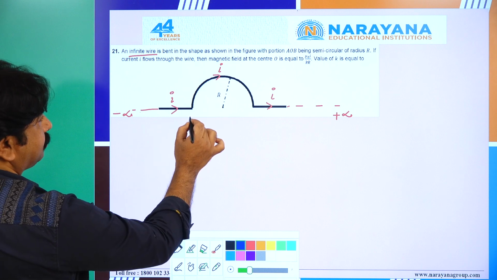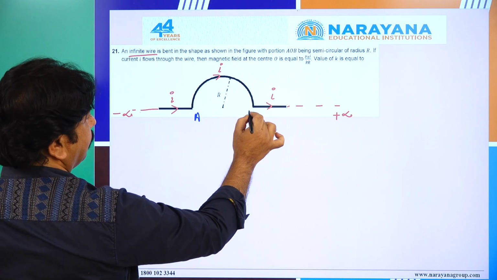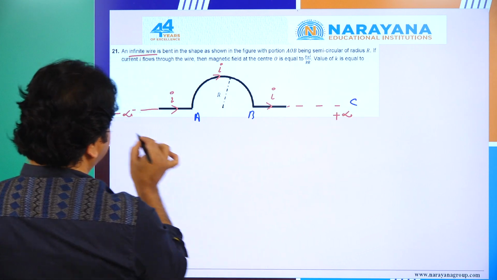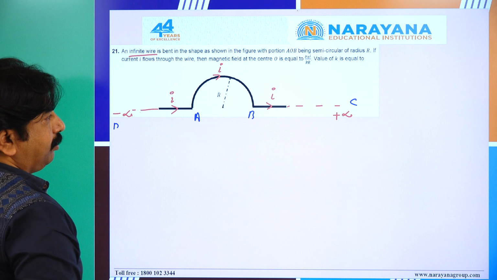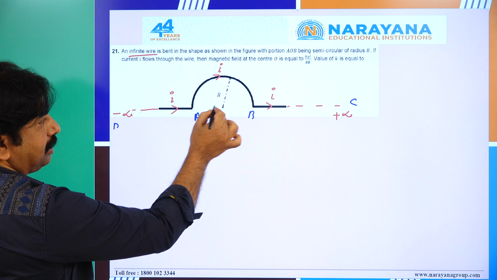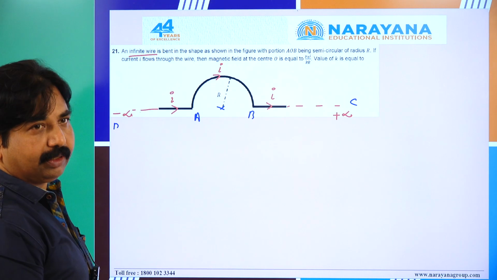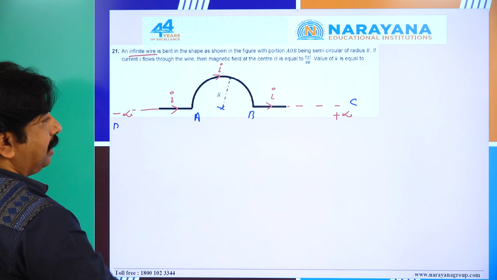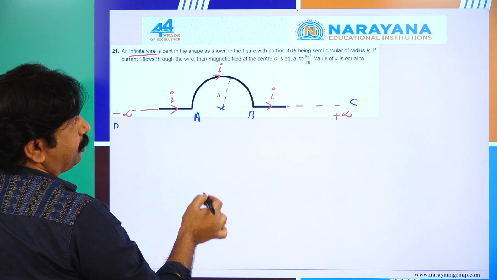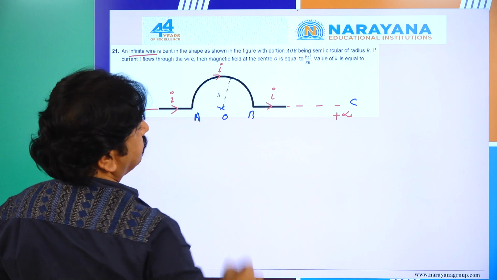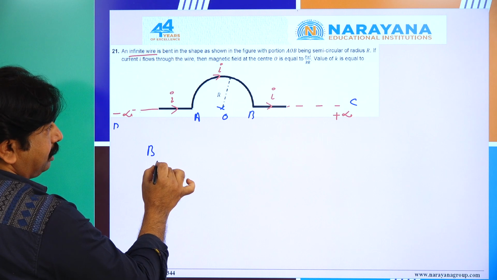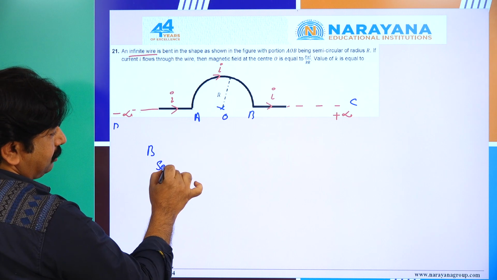For example, this is A, this is B, this end is C, and this end is D. One by one. The field due to this right part at this point O is 0 only, already you know. And the field due to the other part at point O is also 0. Here the field B is due to the semicircular part only.